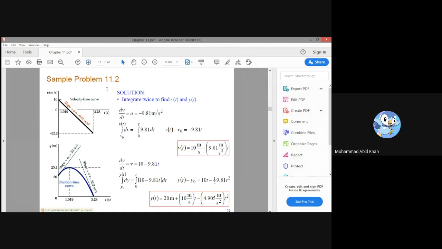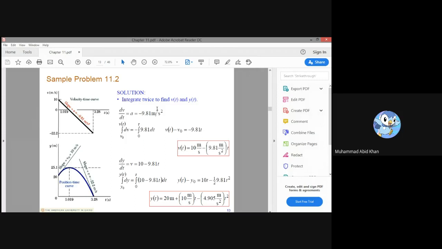Okay, the solution is here. We know that acceleration in this question is in the negative direction, because it is coming toward this side: minus 9.81 meter per second squared. Integrate twice to find velocity with respect to t, and this one in the y direction with time. dv over dt is equal to acceleration a, which is minus 9.81 meter per second squared.